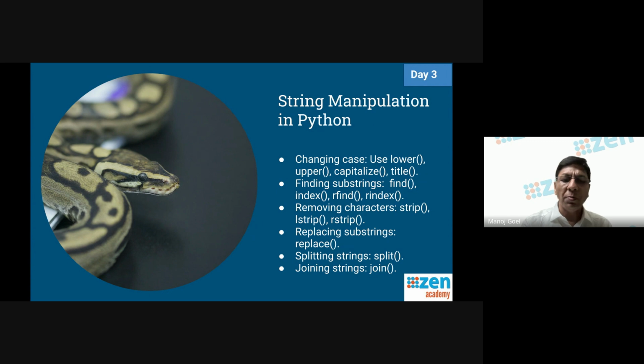So I want to do message dot split. What it has done is, wherever it has found "at", it has split and given me a list of different strings. First time it found "at" in attending, right? Then it found "at" here.